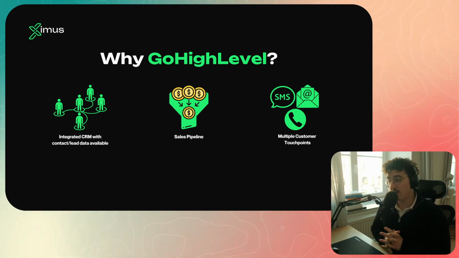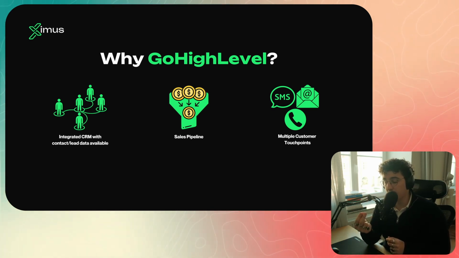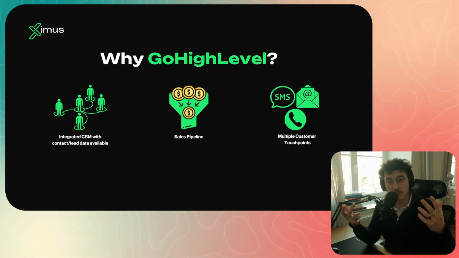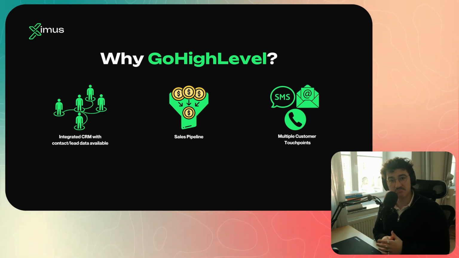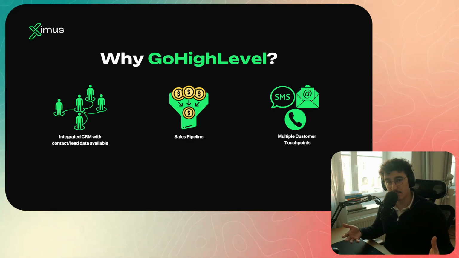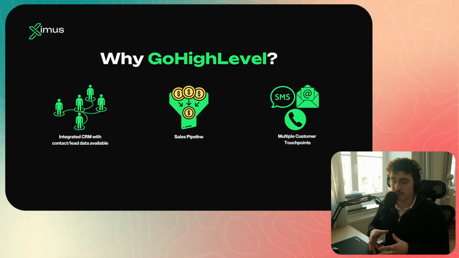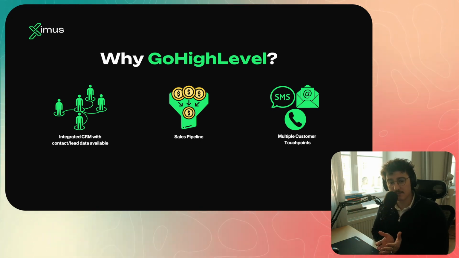We can also have multiple touch points like SMS, email, and phone number, which can be really useful in workflow scenarios like appointment follow-ups, in which we don't want to just call or SMS or email the customer, but just to hit them on multiple channels. And also sales pipeline. Voice agents alone are cool, but not really useful, and they have to be part of a bigger sales and marketing system. And that's exactly what happens inside of GoHighLevel, because there you can automate the sales pipeline type of things too.